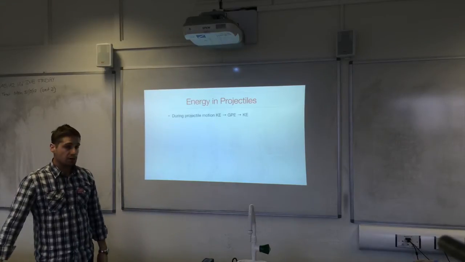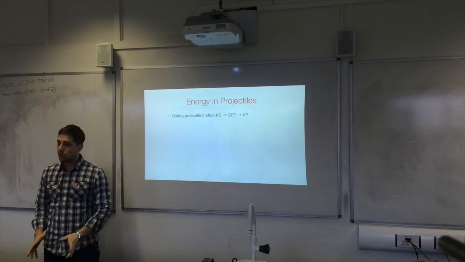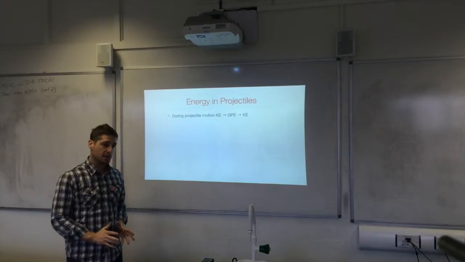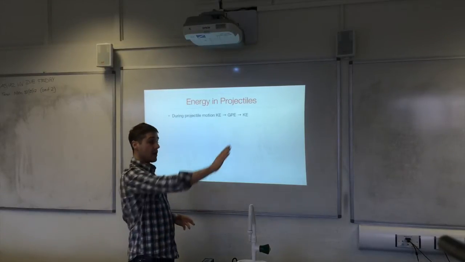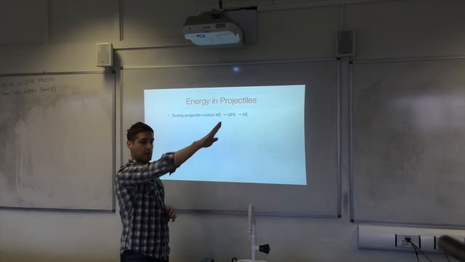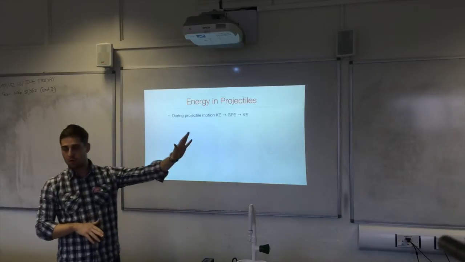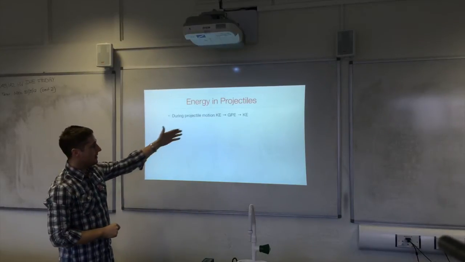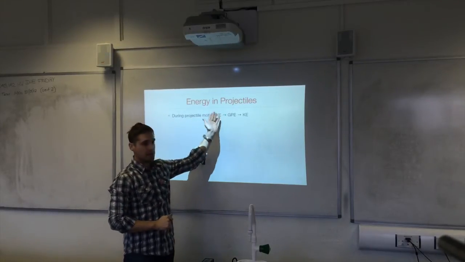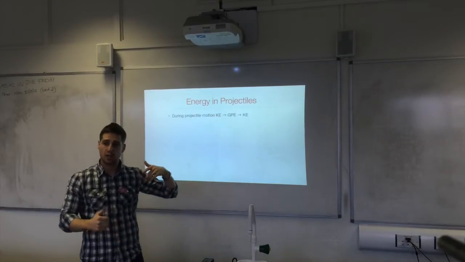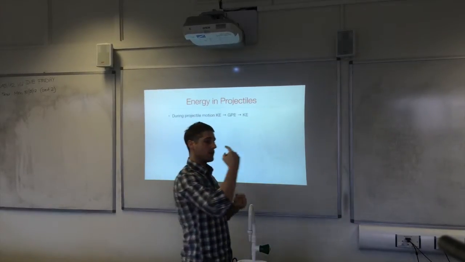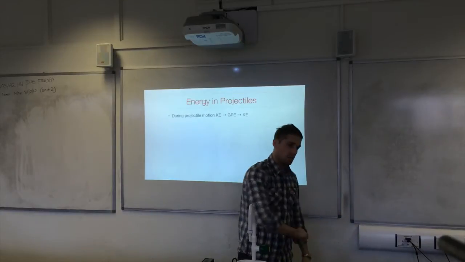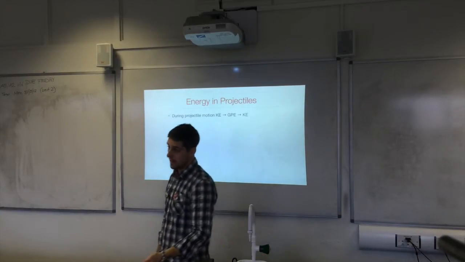During projectile motion, the projectile starts off with a lot of kinetic energy, and then it gains height if it's a general projectile that's projected at an angle from the horizontal. Then some of that kinetic energy is converted into gravitational potential energy, and then it converts that gravitational potential energy back to kinetic energy on the way down.